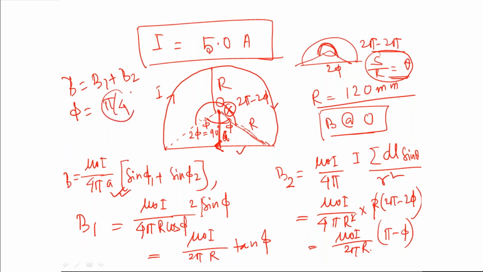If you put the phi after adding these two, you will get the answer. So what is the final answer? I just write the value for that, and you people have to verify and tell me next class whether you got this answer or not.